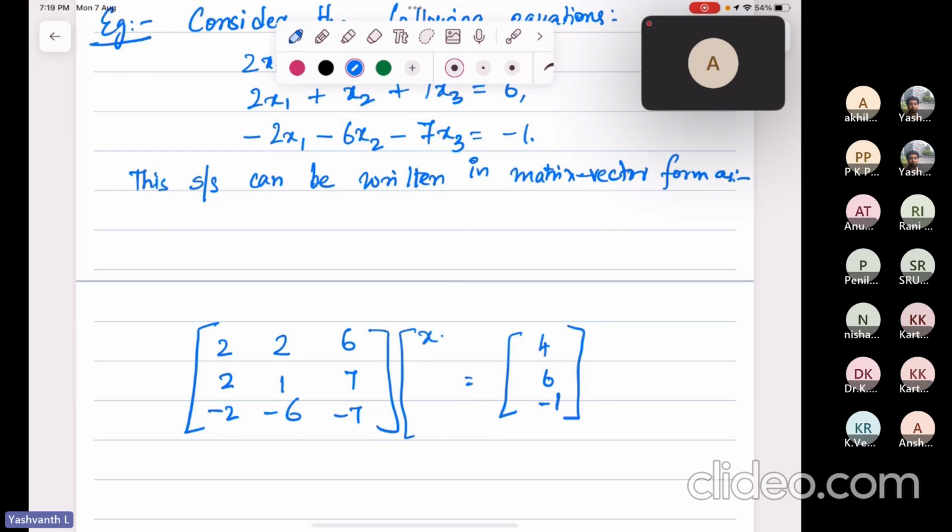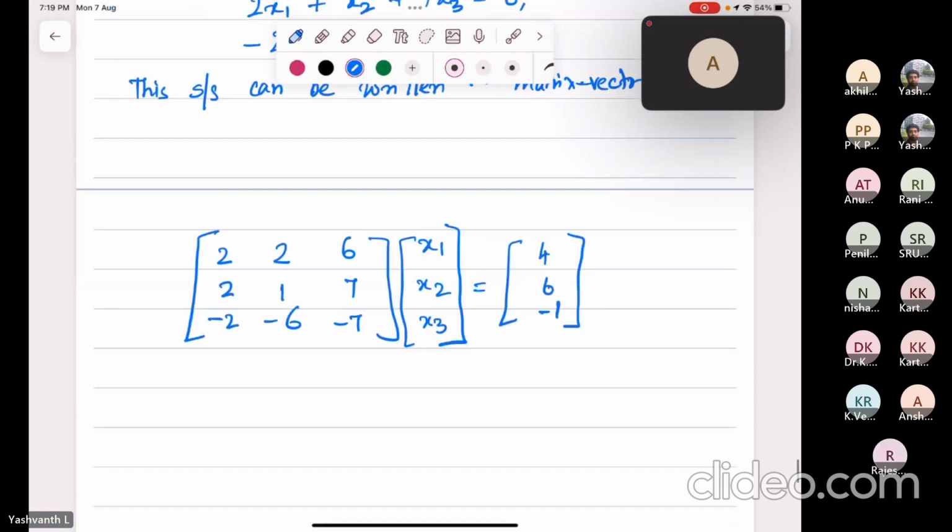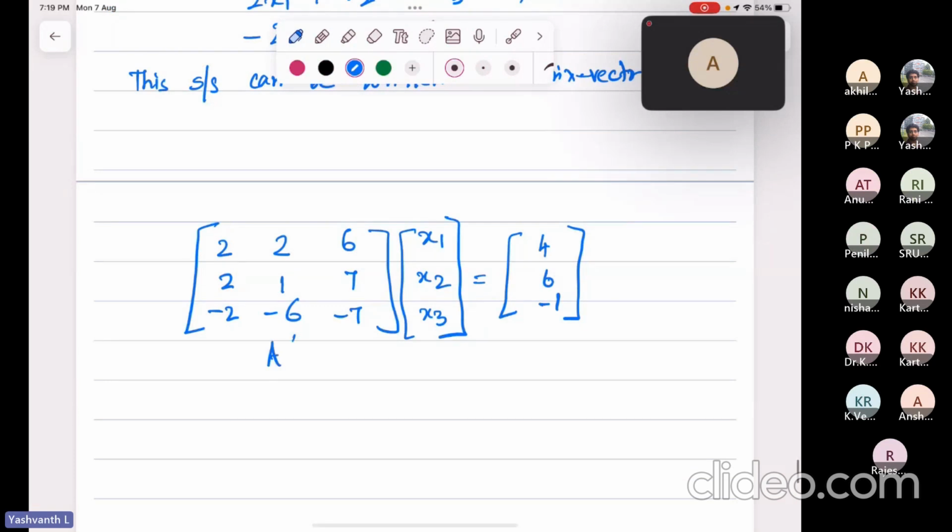Times x1, x2, x3 equal to 4, 6, minus 1. This matrix is A, called the coefficient matrix.